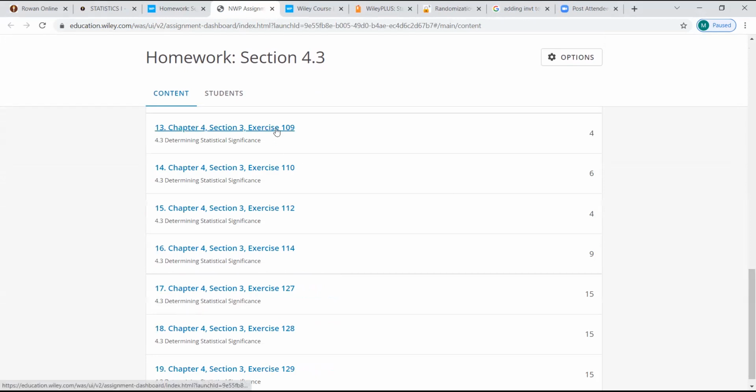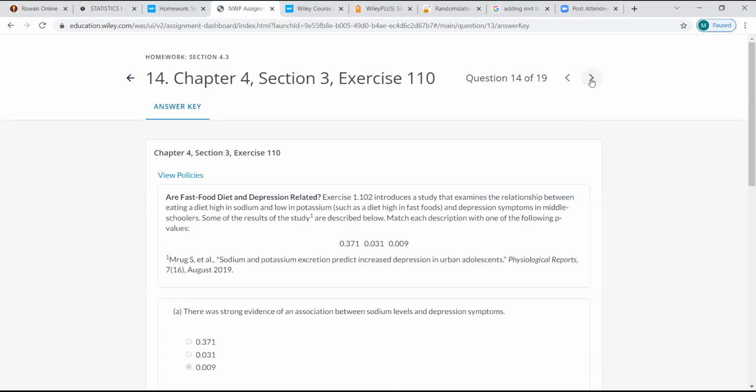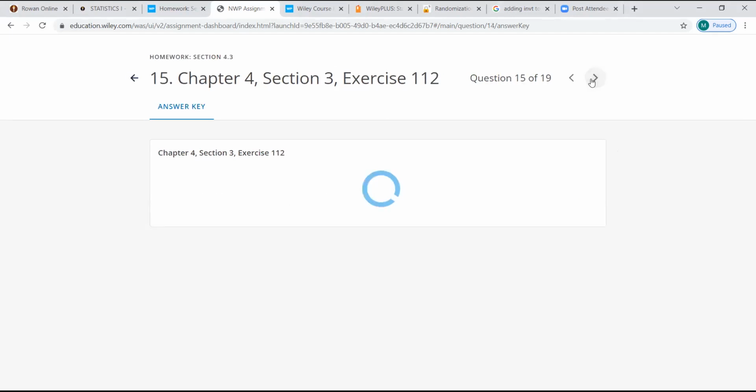A lot of these are just like the ones we were looking at. So let me see if I can find the ones that the student mentioned to me.